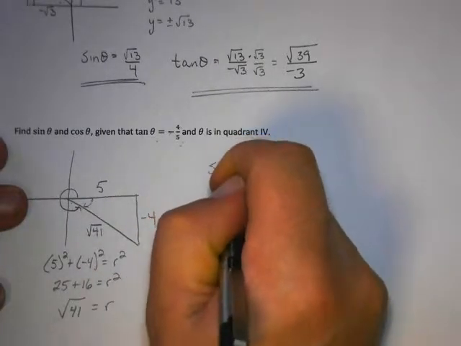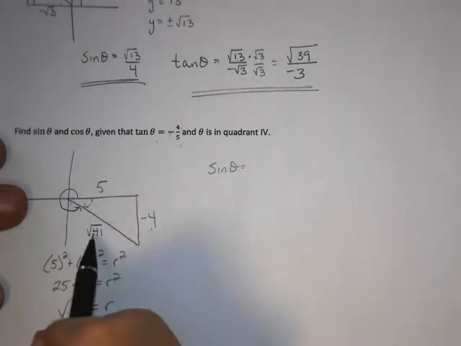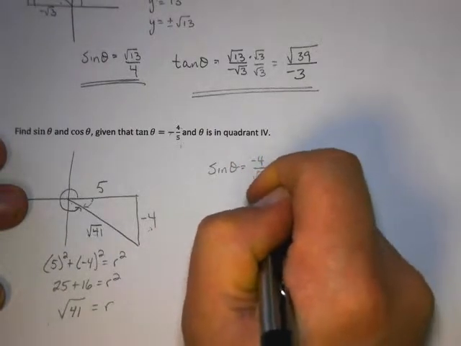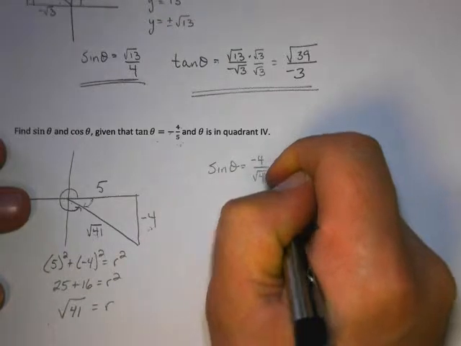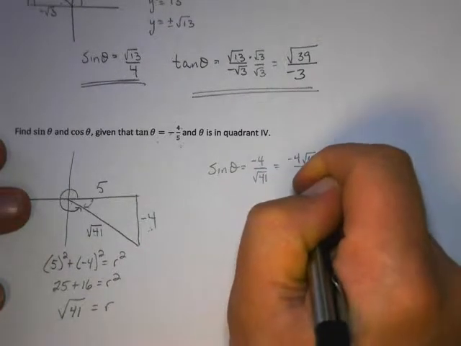Sine theta is y over r, or opposite over hypotenuse. Negative 4 over the square root of 41, which rationalizes to negative 4 square roots of 41 over 41.